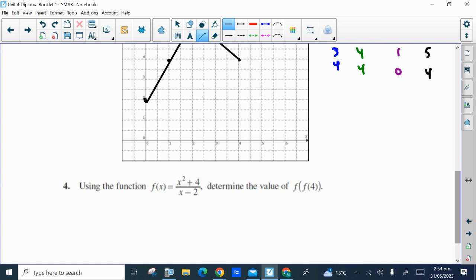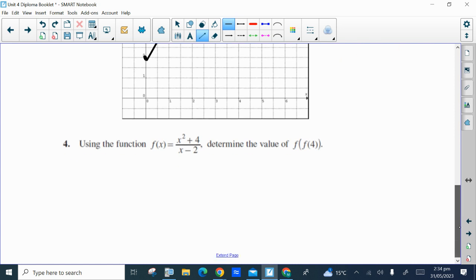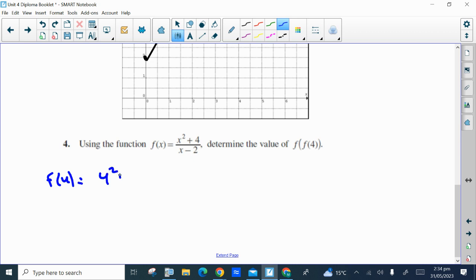Number 4, determine the value of f at 4. So you're going to have to do it twice using the same function. Working from the inside out, we find f at 4 by letting x equal 4. 4 squared is 16, plus 4 is 20 over 2.